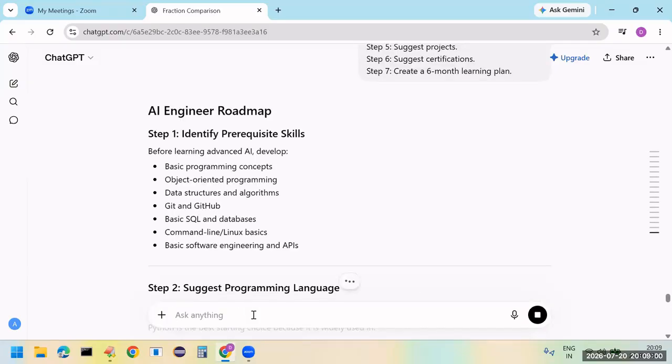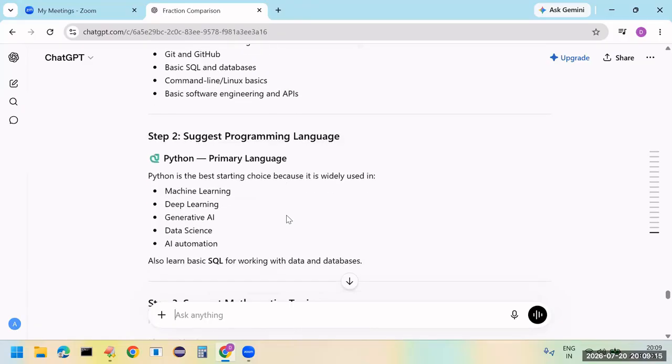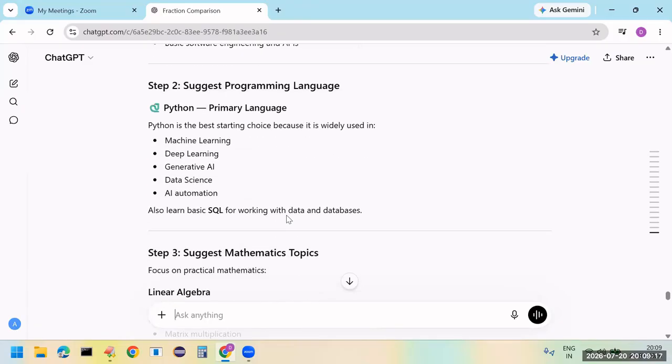Identify the prerequisite skills: basic programming concepts, OOPS concepts, data structures and algorithms, Git and GitHub, basic SQL and databases, command line, Linux basics. Suggest a programming language: Python. Python is the best thing, sir, in machine learning, deep learning, generative AI, data science, AI automation. I told you several times, without Python you can't survive.